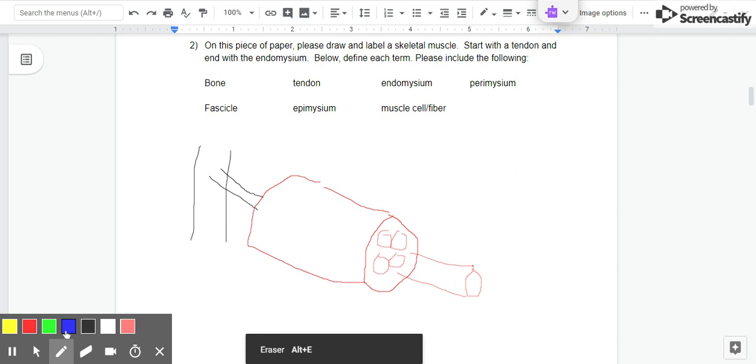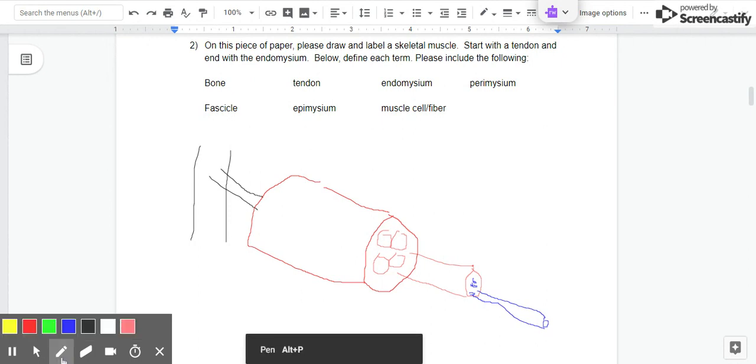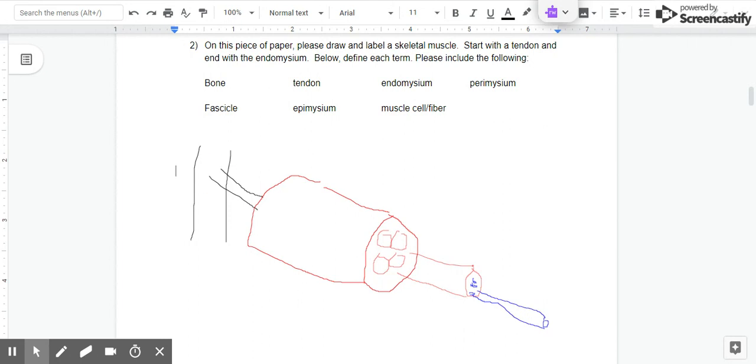And then inside of there, let's do them in blue. We have more circles. And those are the individual skeletal muscle cells. Pull out one of those. So here we go. Starting from the bone, we have the bone, then we have the tendon, then we have the entire skeletal muscle, which is covered by the epimysium.